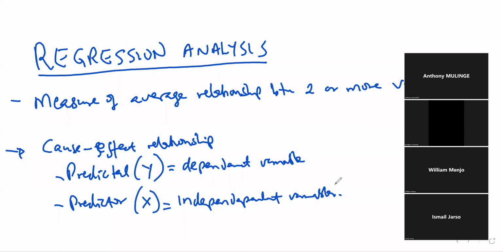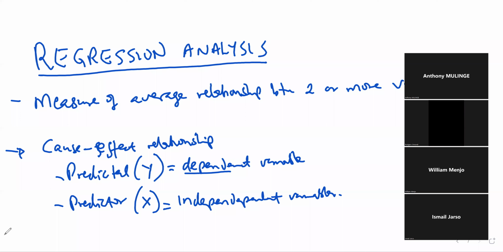In this case, we believe that there is a cause and effect relationship between the two variables. That's where the concept of dependence comes in, where we believe that one variable is affecting the other variable, but not vice versa.